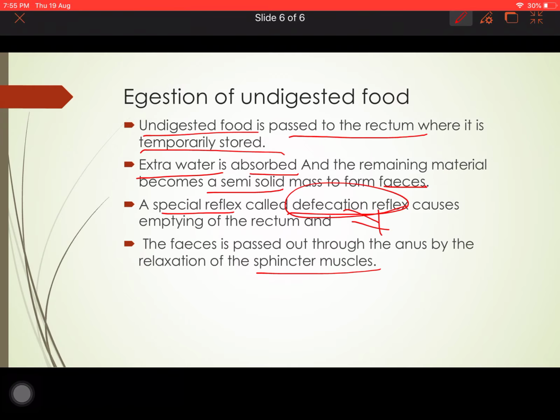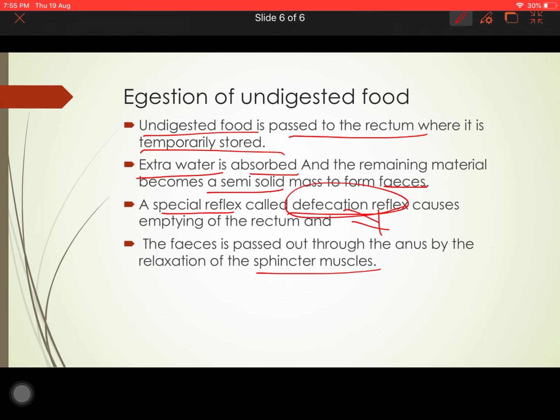So this is all about absorption, assimilation and egestion of food, and I think till now you have gone through the previous videos and you have made it clear. Till now almost all the parts of the digestive system are completed. In the next video I'll come up with the different types of tests, that is biochemical testing.